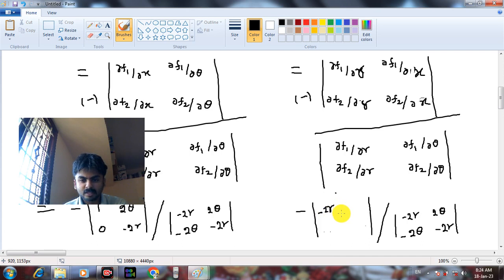And differentiating f1 with respect to theta, we will get 2 theta. What is our f1? Our f1 is x minus r square plus theta square.